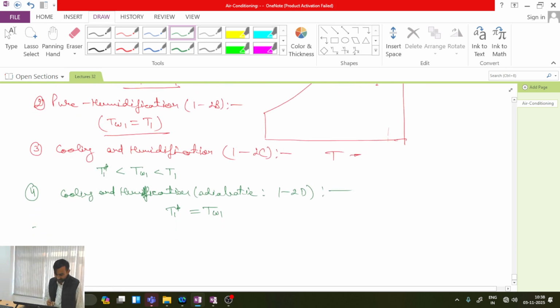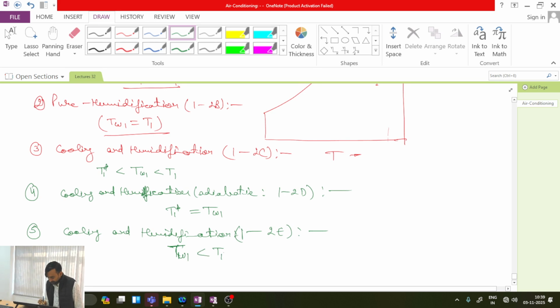Fifth process. Again cooling and humidification. I have to do cooling also, and humidification also. Let me name the process 1 to 2E. In this process, TW1, the water temperature, is less than T1 star.